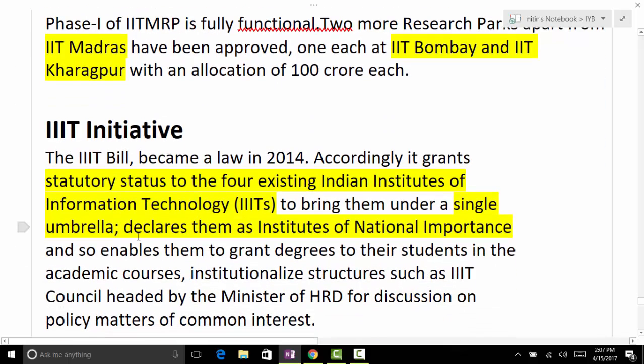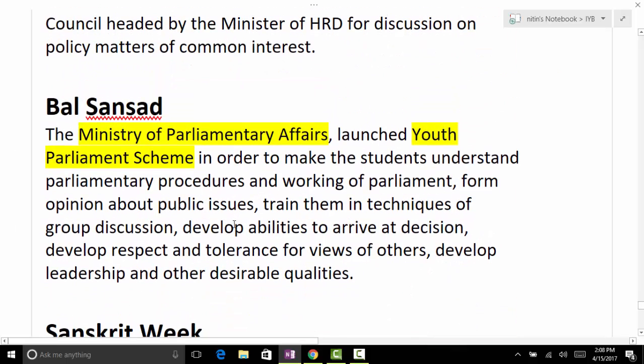Triple IT initiative, Indian Institute of Information Technology. Statutory status has been given to Triple ITs by a law, and now it has also been declared as Institute of National Importance.